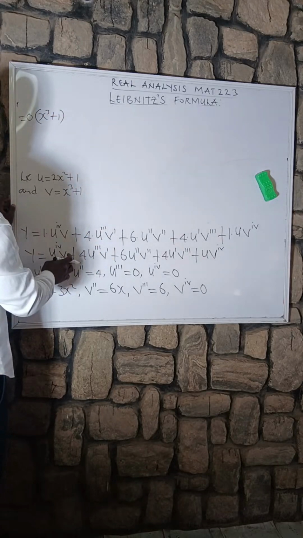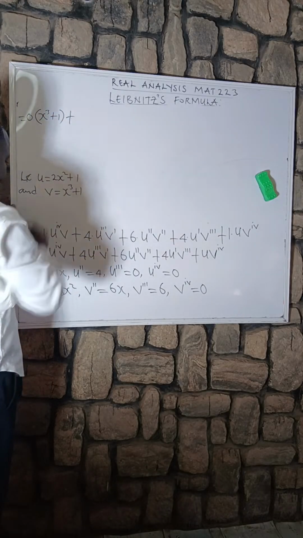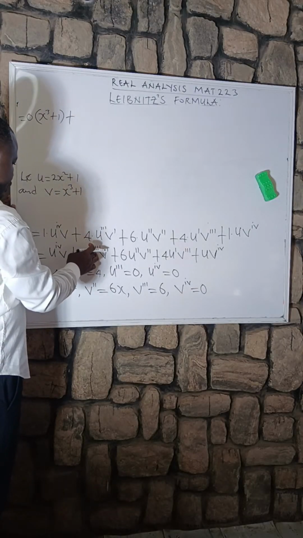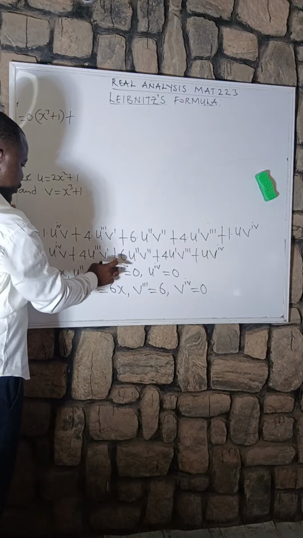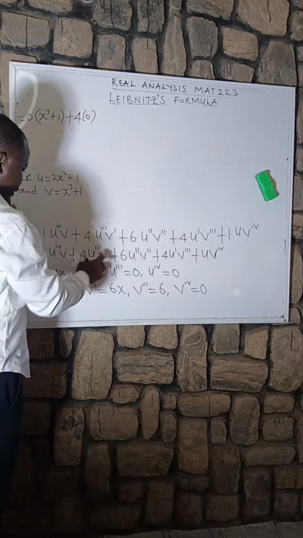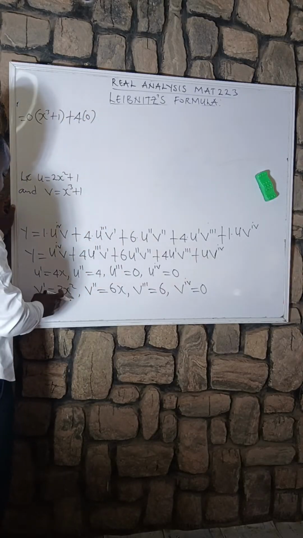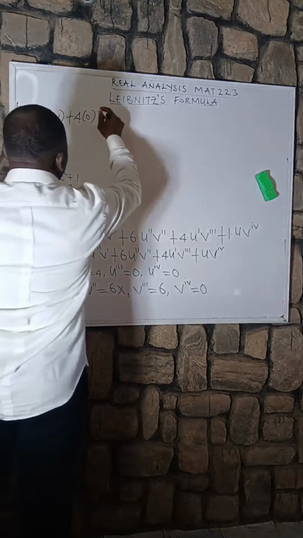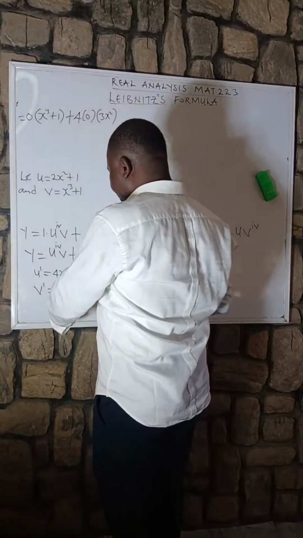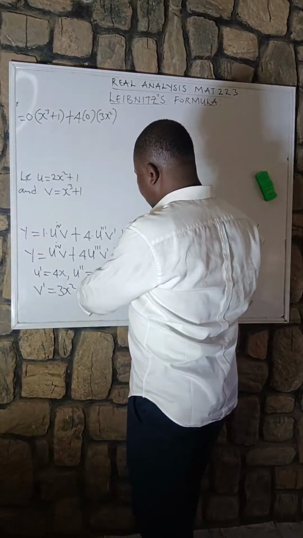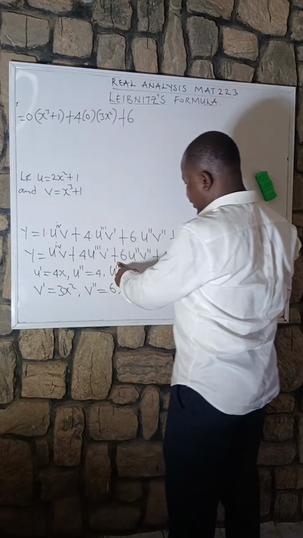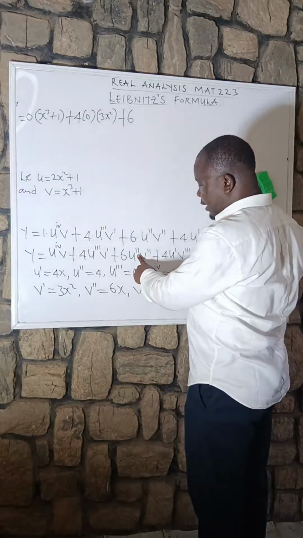Then what we have here? Plus 4 times U prime prime prime. U prime prime prime is 0. 4 times 0 times V prime. Where is V prime? V prime is 3x squared, right? Okay. Then plus 6 times U prime prime.